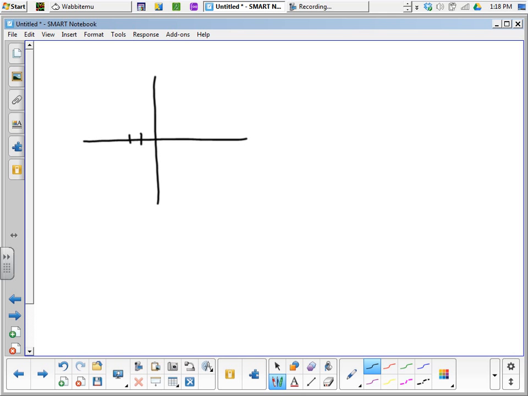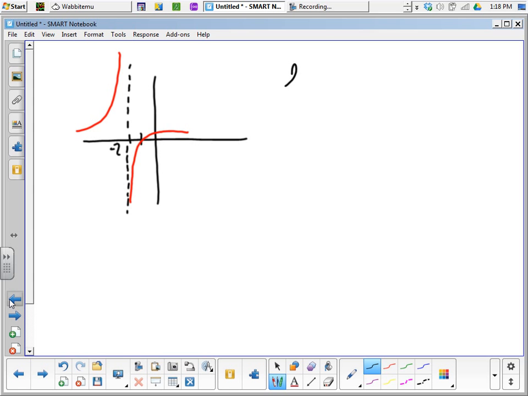Still have an asymptote here at -2. This time it's this branch and this branch. Okay? And let's say we're asked the same two questions.